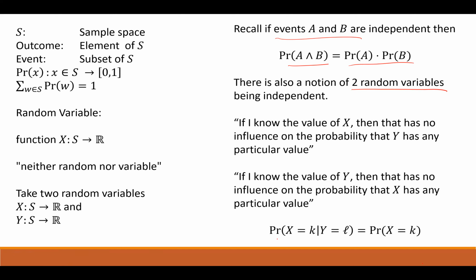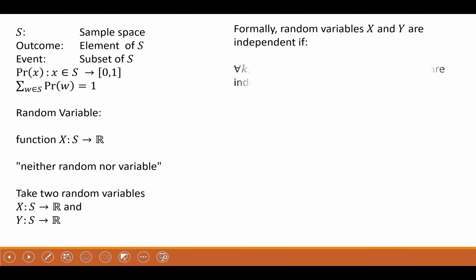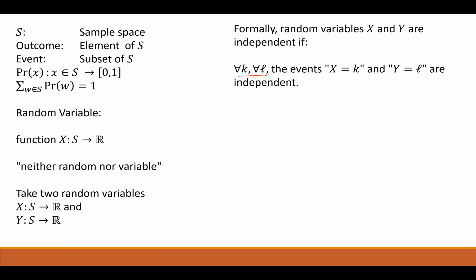The probability that X equals k, again, that's an event, given that Y equals l is still equal to the probability that X equals k, and this holds true for all values k and l that are non-empty. So formally, random variables X and Y are independent if for all k and all l, the events X equals k and Y equals l are independent.